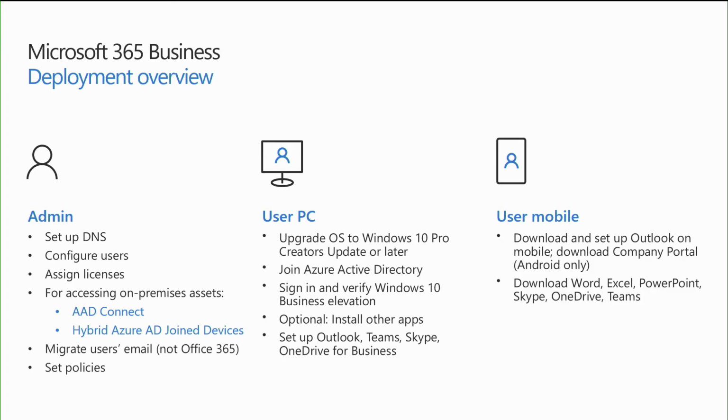In terms of the user PC, the Windows 10 Pro Creators Update upgrade is really important. The minimum requirement for a Windows PC has to be Windows 10 Pro. So like I said, if you have previous versions of Windows, you will use the upgrade benefits that you have with your Microsoft 365 Business subscription to upgrade older versions to Windows 10 Pro.